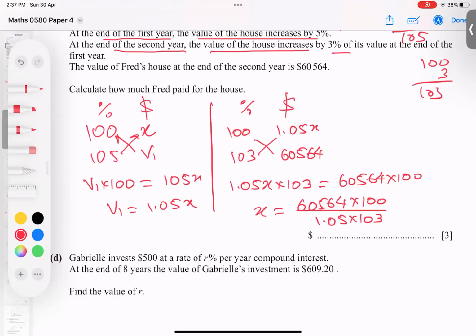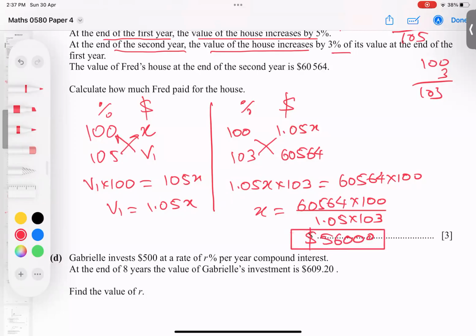So I'm typing in the calculator: 60564, two more zeros, and divide by 1.05 into 103. And the answer becomes $56,000. So how much? $56,000.